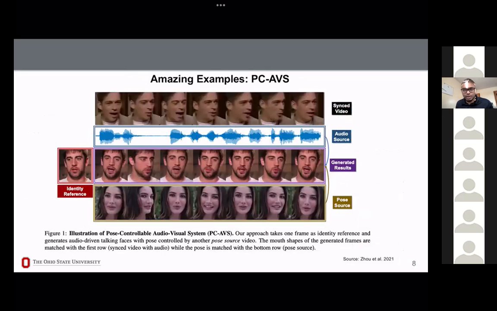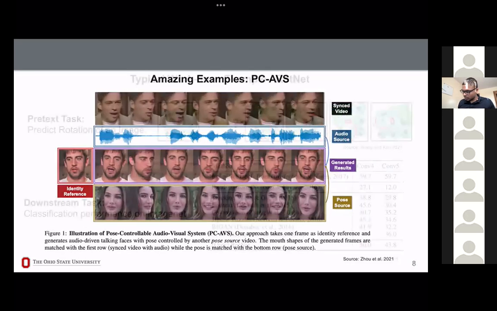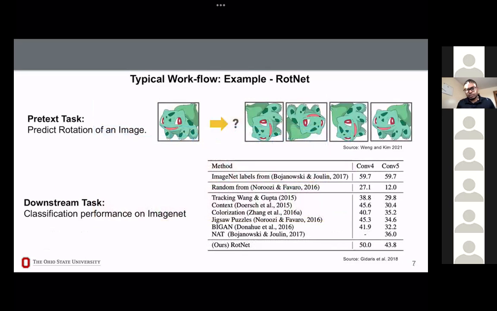Can I ask a question? Yes. About the table you had? All right. Yes. One thing I didn't quite get was, for all the pretext task methods, you trained with a 5-layer convolution so that you could take the Conv4 and Conv5 features from them?